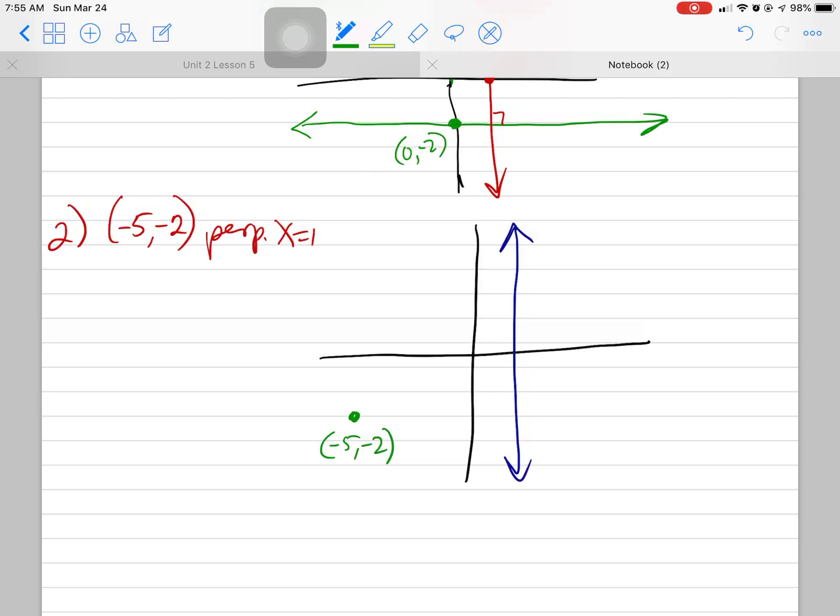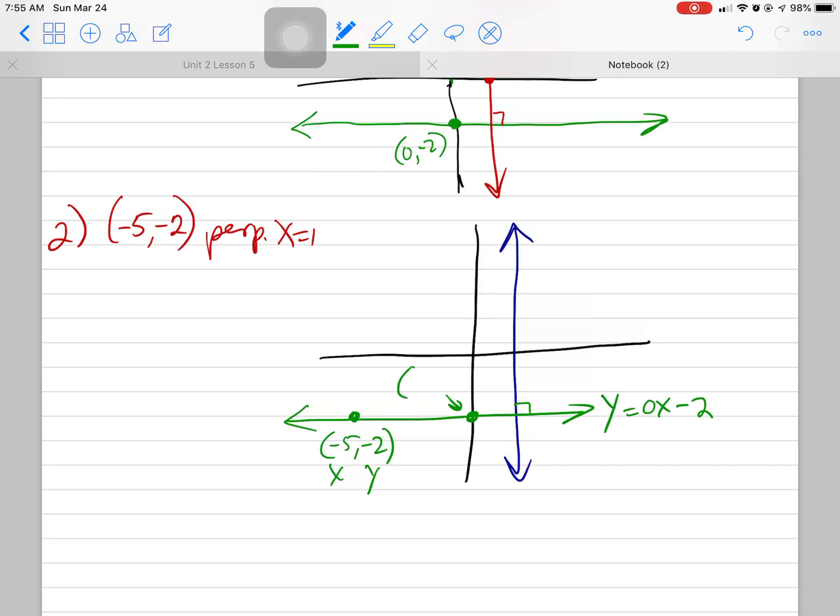Okay. It is perpendicular to that, so that means it has to go this way. Cross right there at a 90-degree angle. This is a 0 slope that goes through what? This is my x, this is my y, so it has a y-intercept of what? -2. That's my b right there.